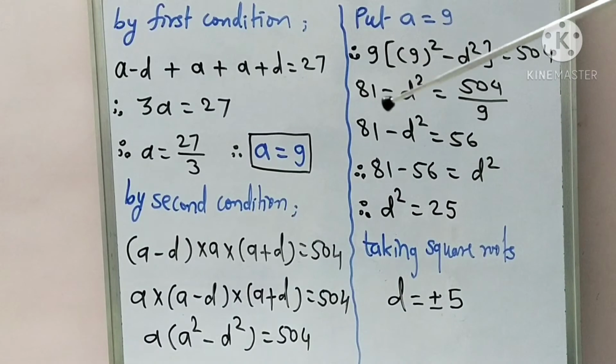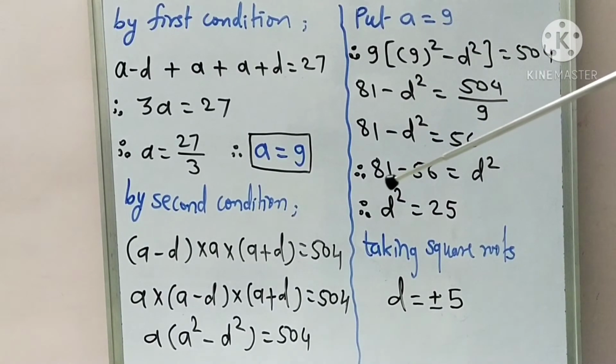The square of 9 is 81 minus d square, and the outside 9 we take to the right side, so the operation changes: 504 upon 9, that division is 56. Then minus d square is taken to the right side and the constant 56 to the left side, so we get 81 minus 56 equal to d square.